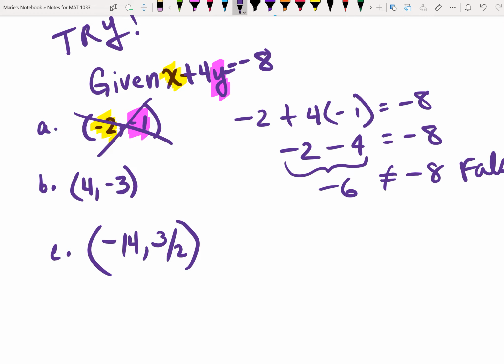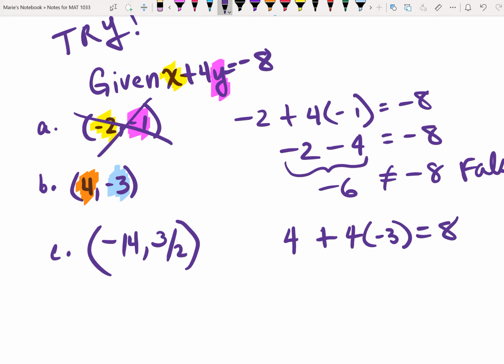Alright, continuing on that example, if I have 4 and negative 3, again, let's use some different colors. So there's your 4, and there's your negative 3, and we're simply going to substitute this in. So in this case, this will become 4 plus 4 times negative 3 equals 8.